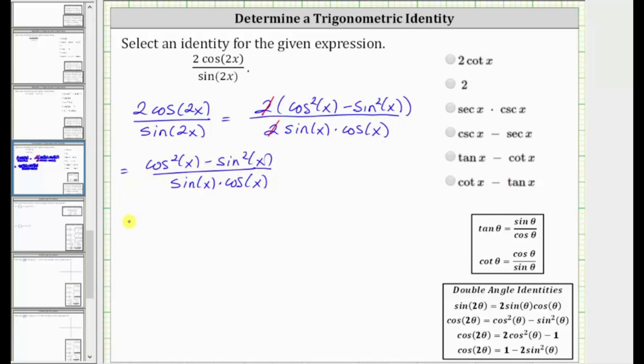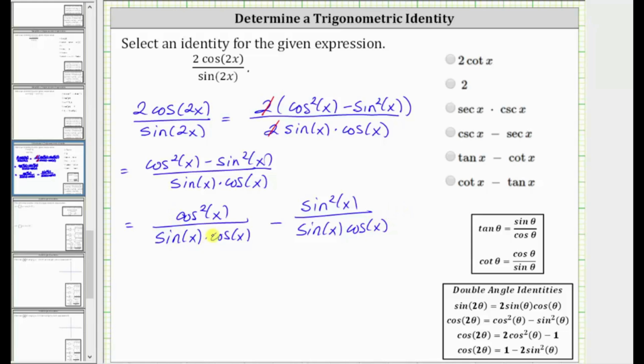This expression is equivalent to cosine squared x divided by sine x cosine x, and then minus sine squared x divided by sine x cosine x.